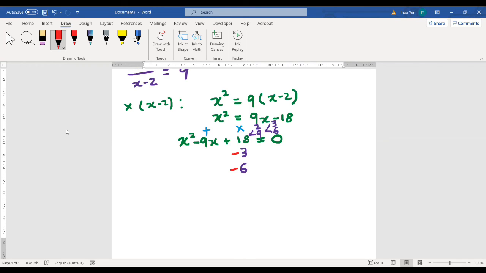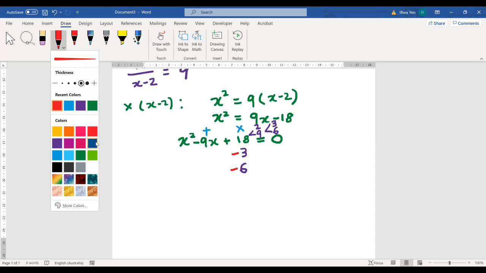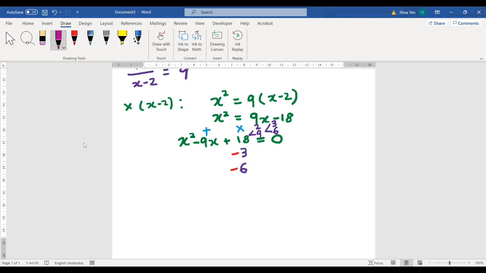So what I'm going to do now is put them into factor form. Which color should I use? Okay, pink. So let's have a look. I'm going to put it in factor form: (x minus 3)(x minus 6) equals 0.